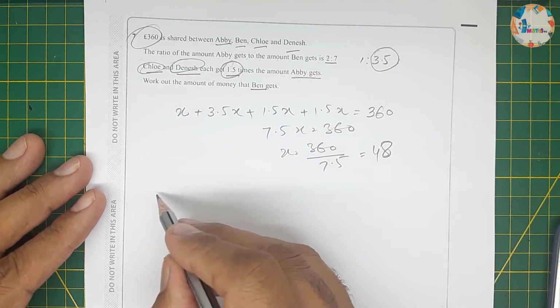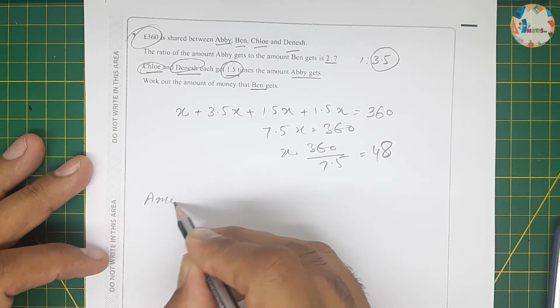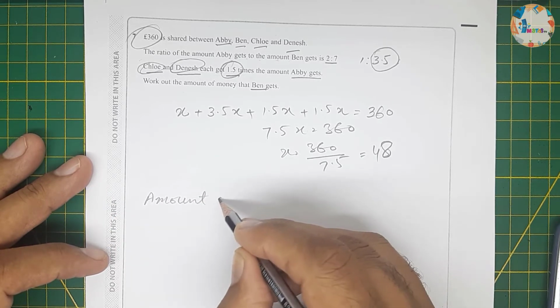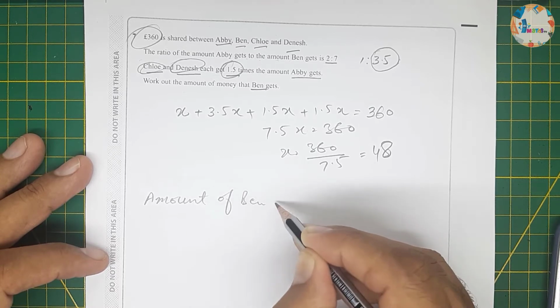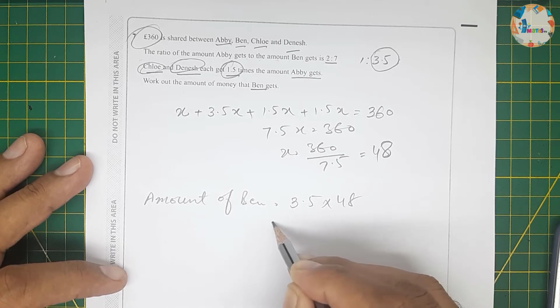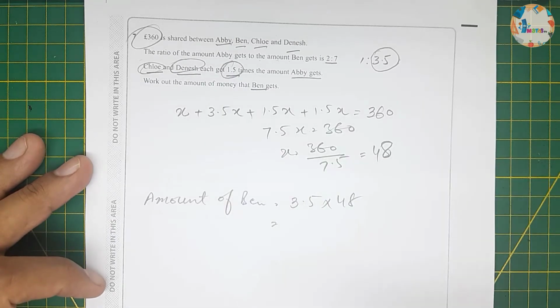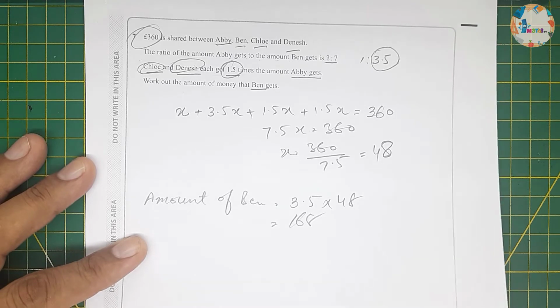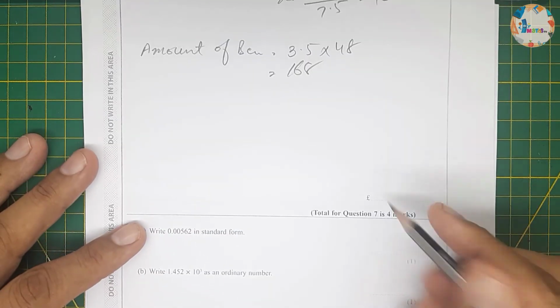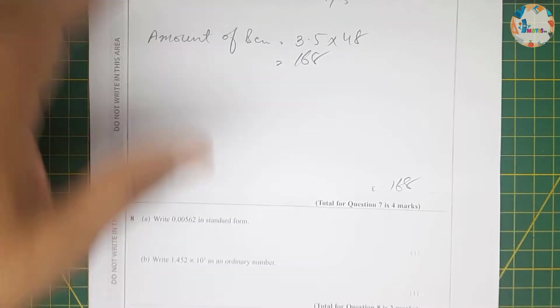So to get the amount of Ben, we write 3.5 multiplied by 48, which will be equal to 168. So this will be 168. Our answer will be over here, 168. Hopefully you understood this.